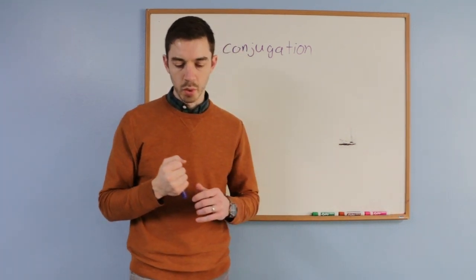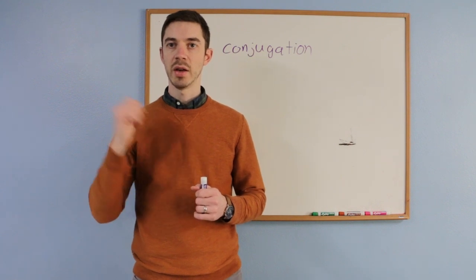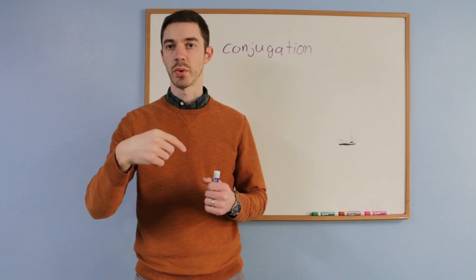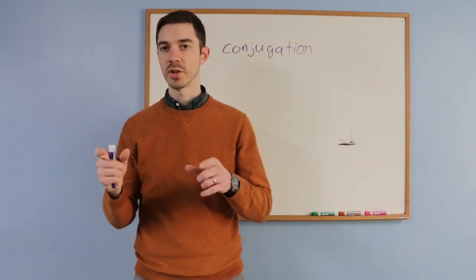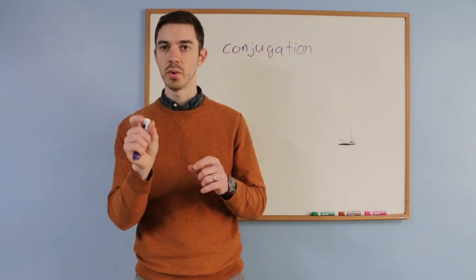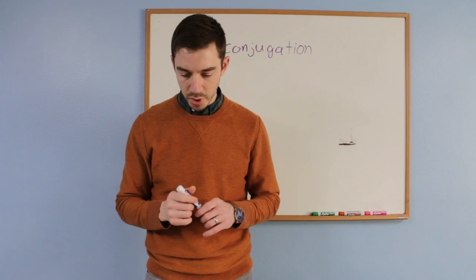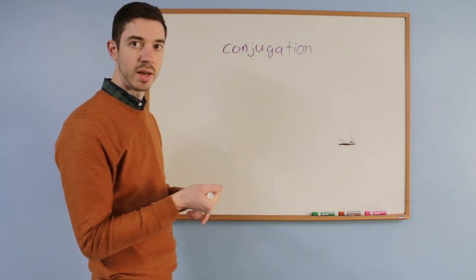So what do I mean by that? If I say, I throw, that's different than saying you throw, or he, she, or it throws. So when we conjugate a verb, we can see who is doing the action by what ending we put on it. So on the top of page 201, there's that chart there for the endings.